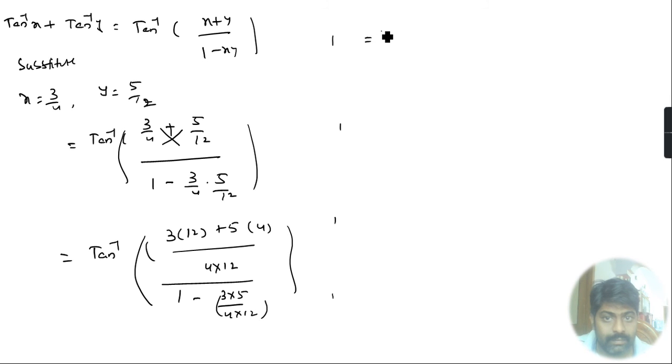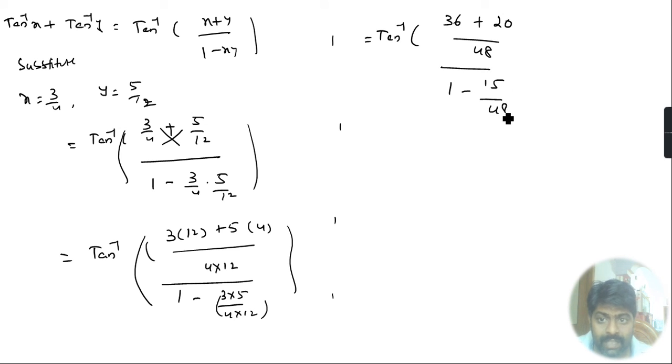So therefore, that is equal to tan inverse of, 3 twos are 36 plus 20 by 48 divided by 1 minus 15 by 48.